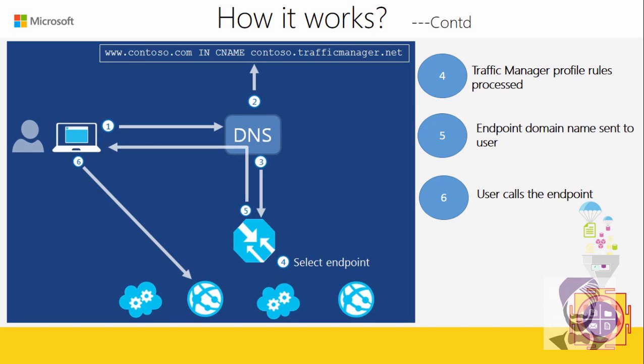So according to the routing method, one of the services is selected from below and sent to the user's local DNS server, which resolves it into an IP and provides it back to the client, and in the end the client accesses that website.